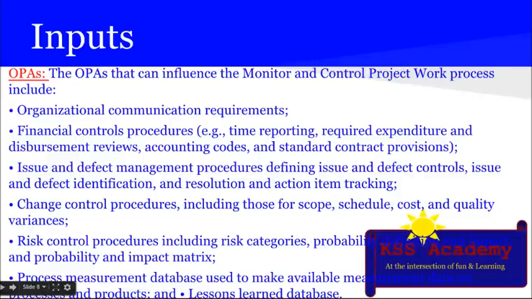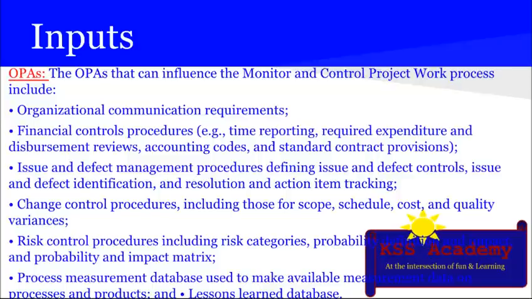Next is OPAs. The OPAs that can influence monitor and control project work processes include organization communication requirements, financial control procedures, for example time reporting, required expenditure and disbursement review, accounting codes, standard contract provisions. Issue and defect management procedures defining issue and defect control, issue and defect identification and resolution, and action item tracking.